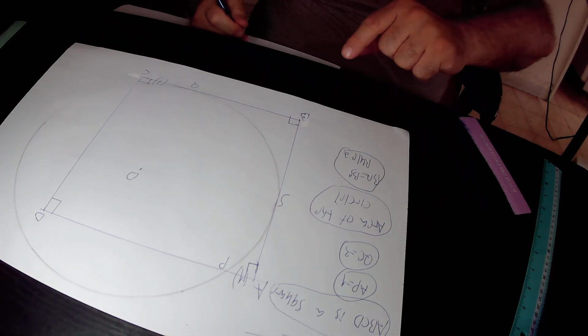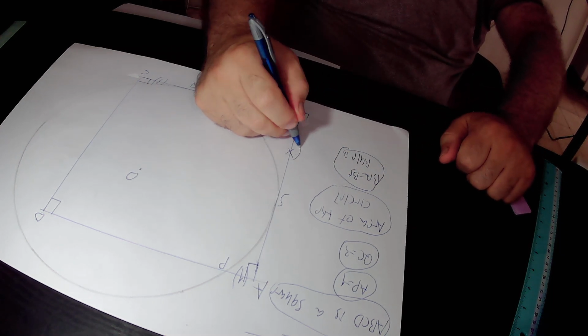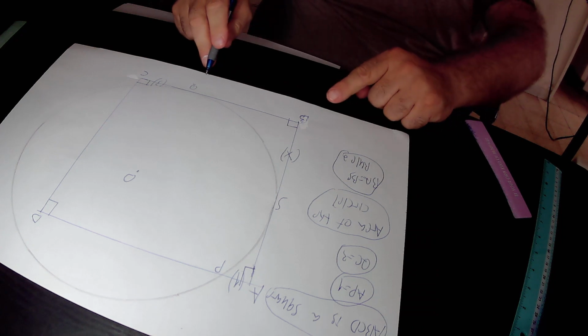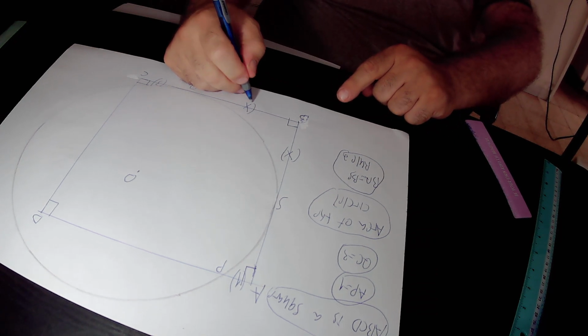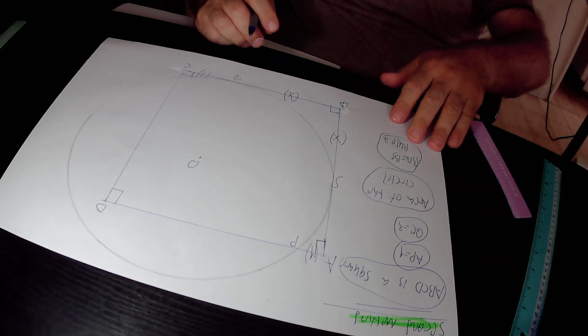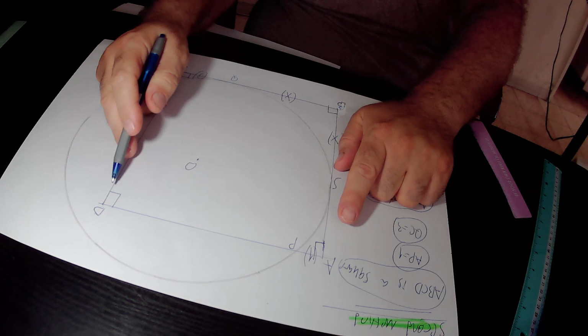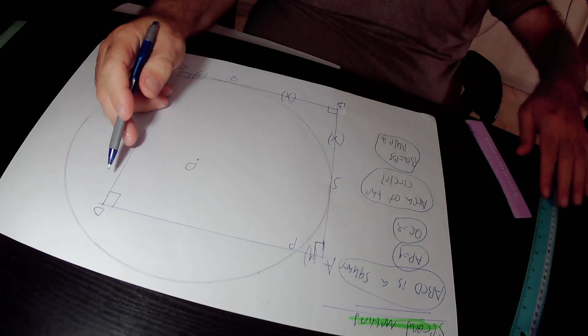So if we define the length of this tangent BS as x, then the length of this tangent BQ must also equal x because they are equal to each other according to rule 2. In the next step, we'll extend side AD of this square ABCD by a straight line until it touches the circle.